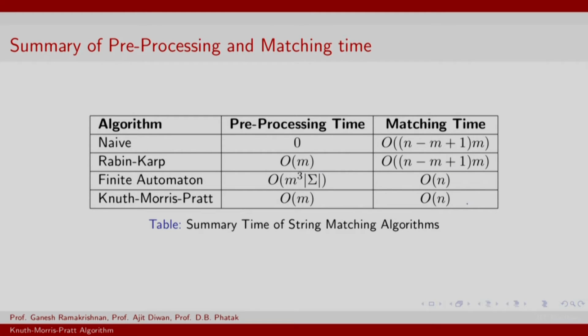The finite automaton gave you a linear, order n, matching time, but the construction of the automaton turned out to be expensive, order m cubed times the size of the vocabulary.